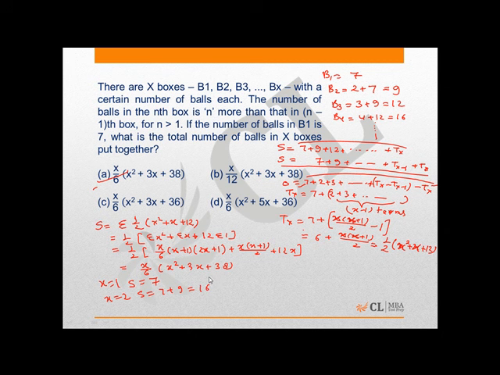Now just check the options, and whichever option satisfies this condition is my answer. So you can clearly see that only option A satisfies this condition. When you put x equal to 1, S equals 7, and x equal to 2, S is equal to 16. That means we need not do so much calculation. We need to just put the values of x and find the value of the summation of the series. That's why the answer is option A again.